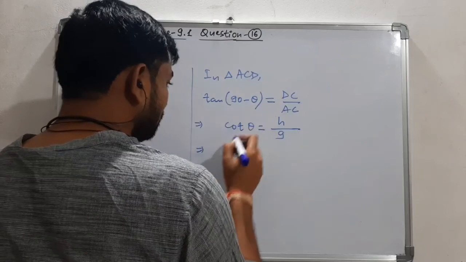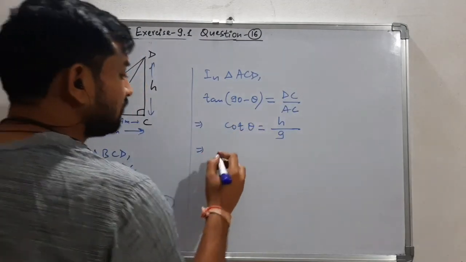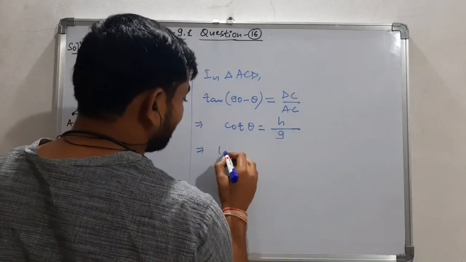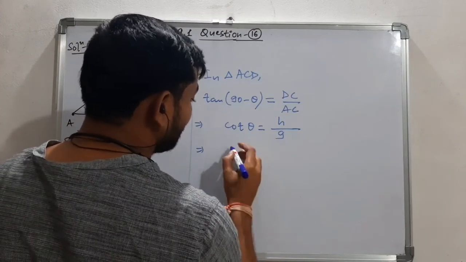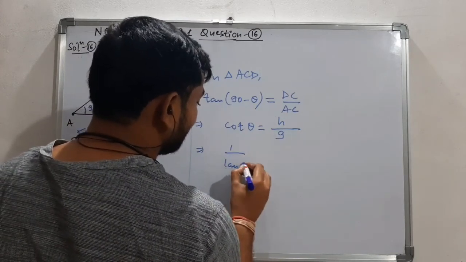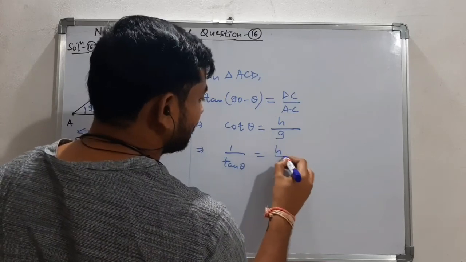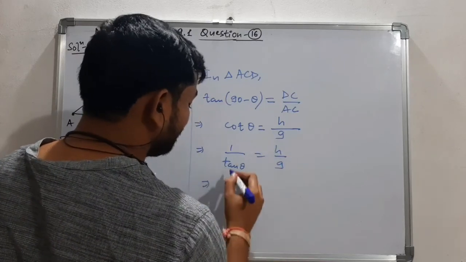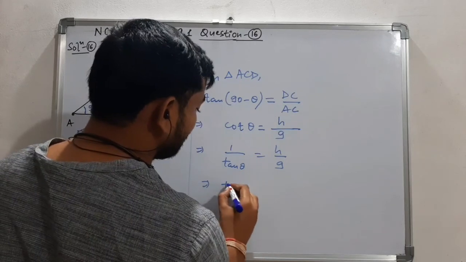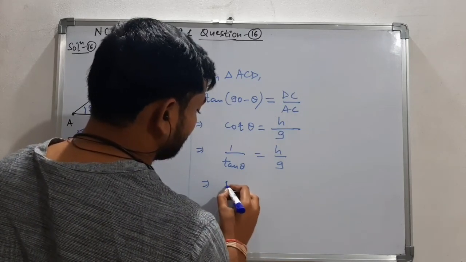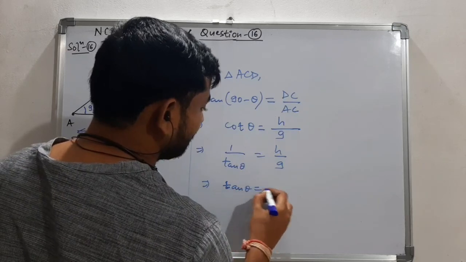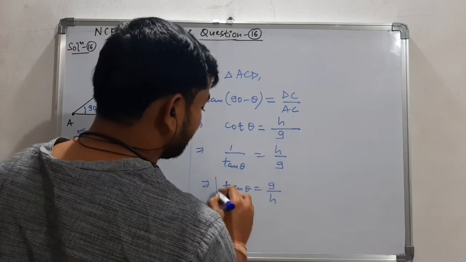Now if we take the reciprocal of this, it will be 1 upon tan theta, and this is coming out to be h by 9. If we take the reciprocal of this, tan theta is coming out to be 9 upon h.